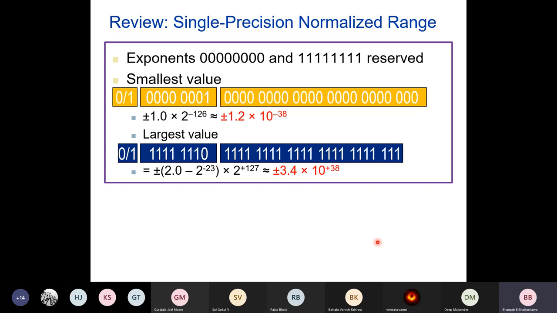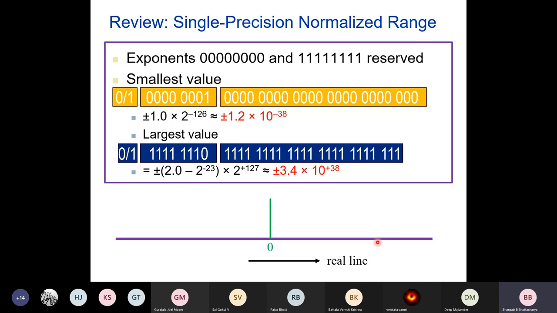So this is the maximum range. Between the maximum and the minimum, there is a range in which you can represent numbers. This is the largest possible value on the positive side, this is the smallest possible value on the positive side, and similarly on the negative side. In between you have these representable zones on both sides.